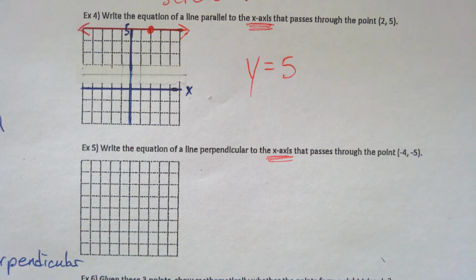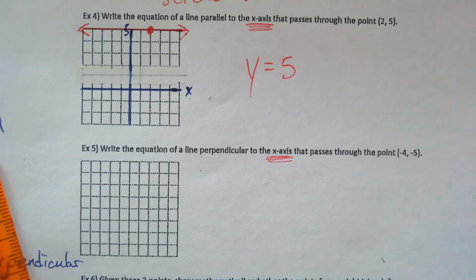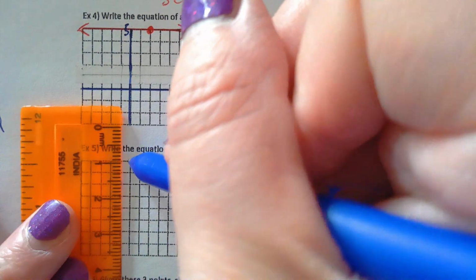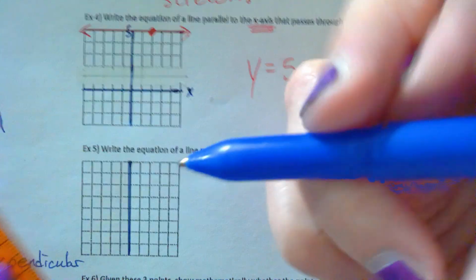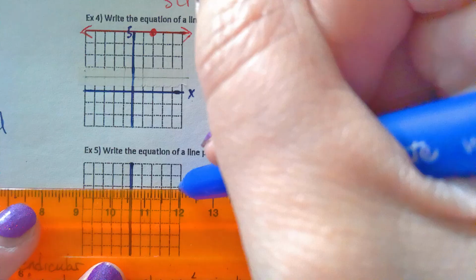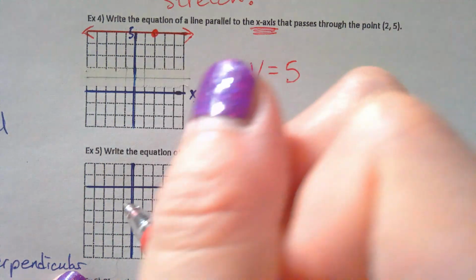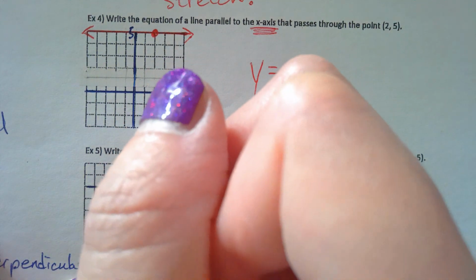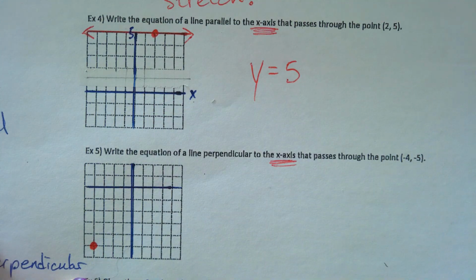Similarly with this one, I want it to be perpendicular to the x-axis, and it goes through the point (-4, -5). So do a quick little sketch. I know that it wants to go through the point (-4, -5), so this point right here.